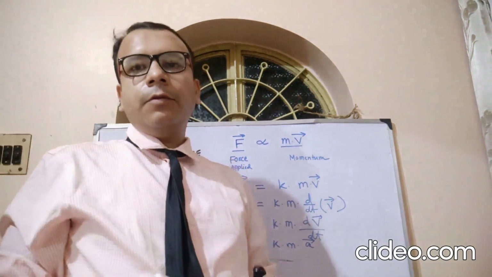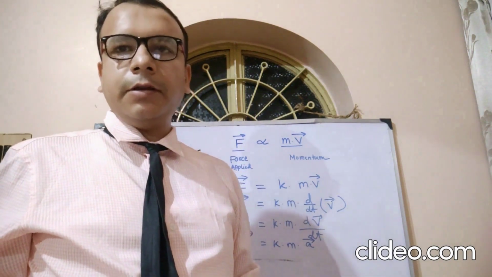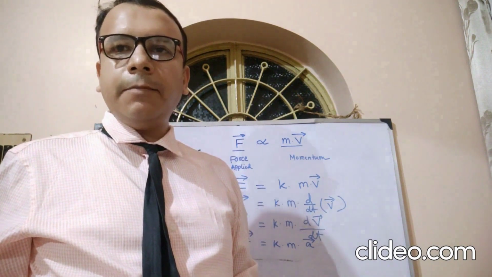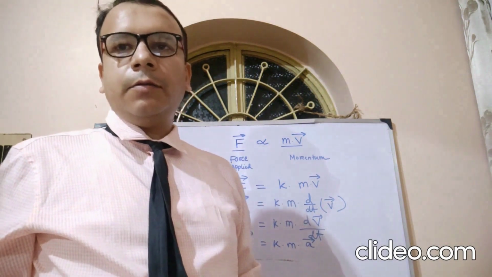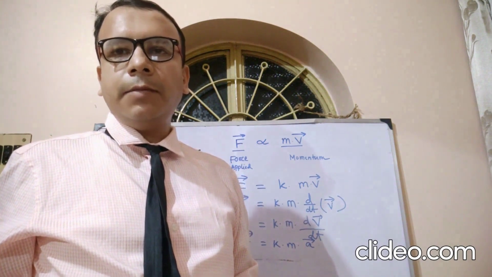So you know the physics of acceleration. That means the change of the velocity according to time is denoted by a, acceleration. So dv by dt is the change of the velocity according to time t.